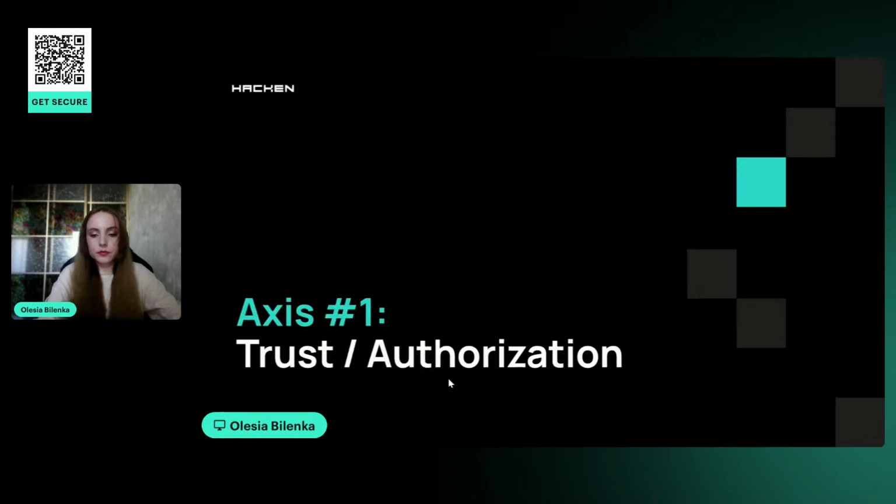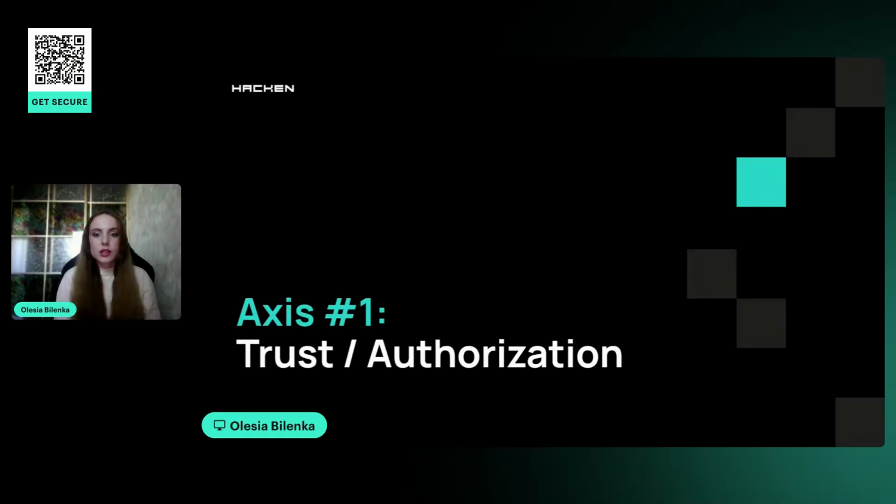All right. Let's get into the first axis of our audit model, trust and authorization. This is the first and the most fundamental axis, because before we can even start thinking about liveness, recovery, or economics, we need to answer one question.